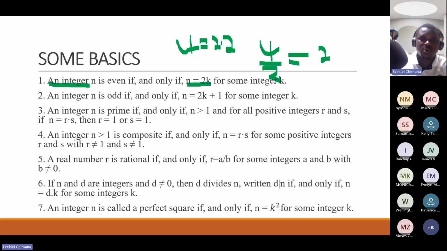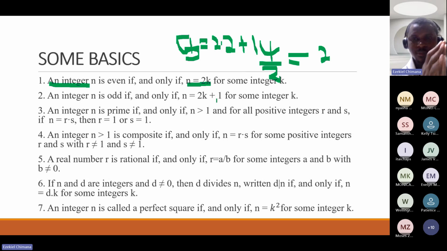If this number was 5, it would be 2 times 2 plus 1, where this 2 is our k. So all the odd numbers will be in the form of 2k plus 1.